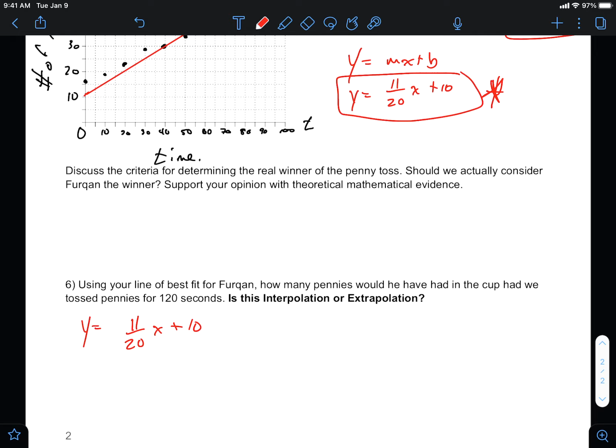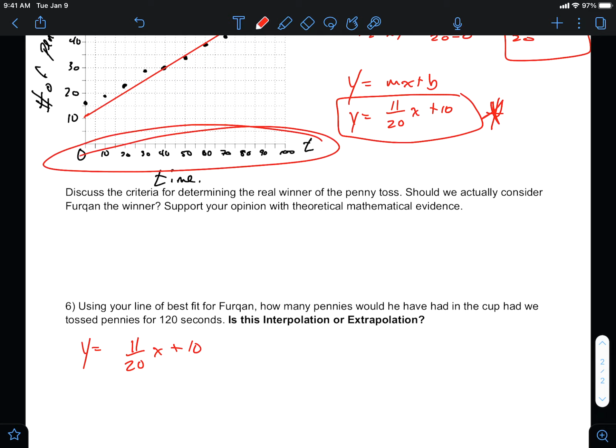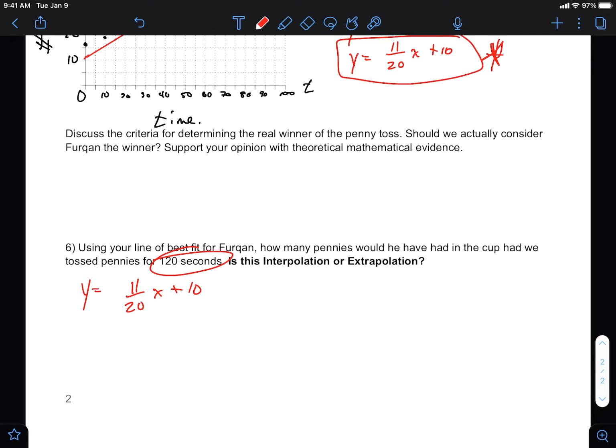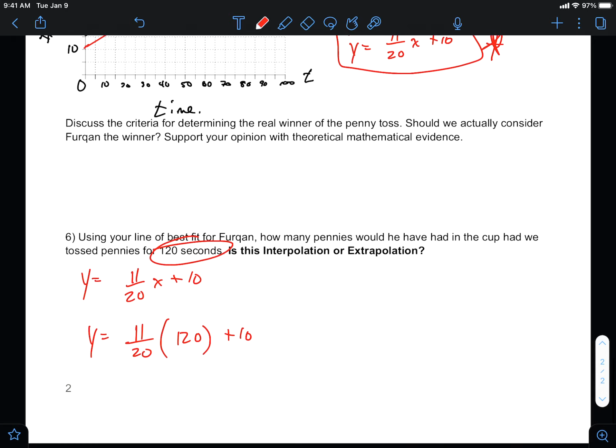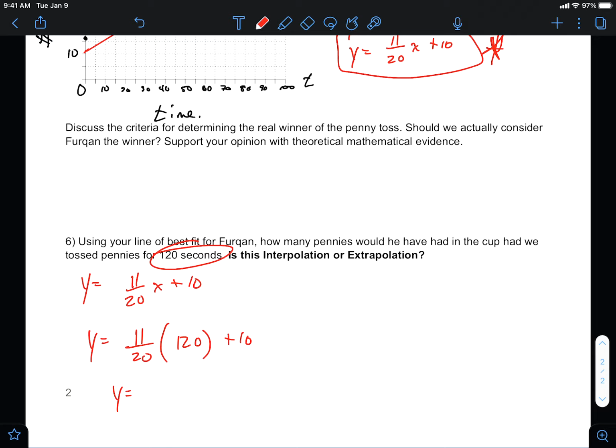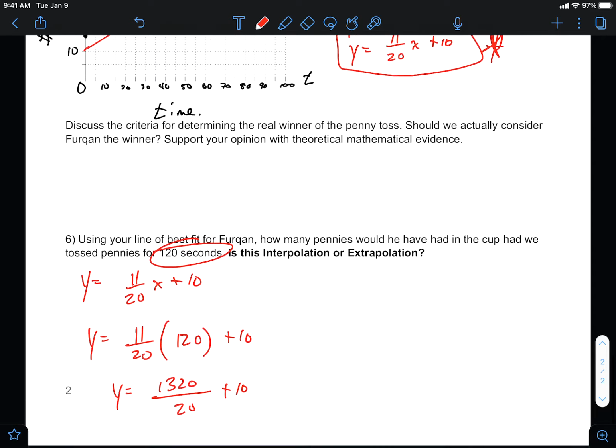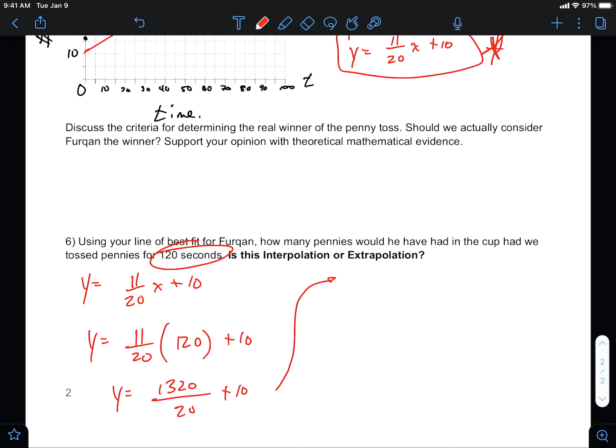Remember what's on our x-axis? We put time. So I'm going to take 120 seconds and plug it in for x. When you run through that, you should see something like 1320 over 20 plus 10, which is 66 plus 10, which is equal to 76.